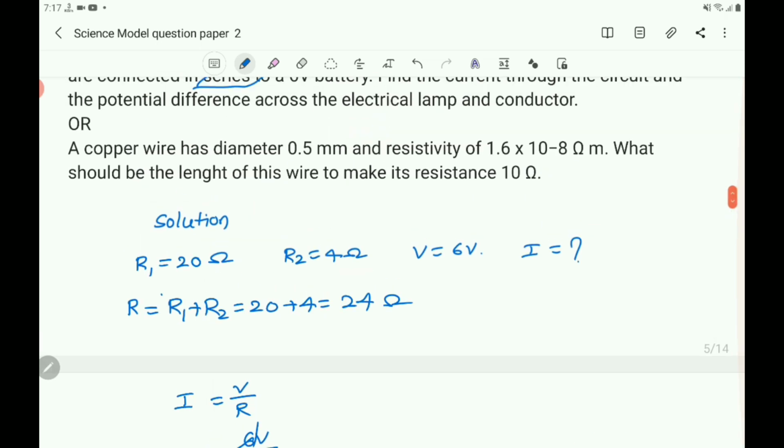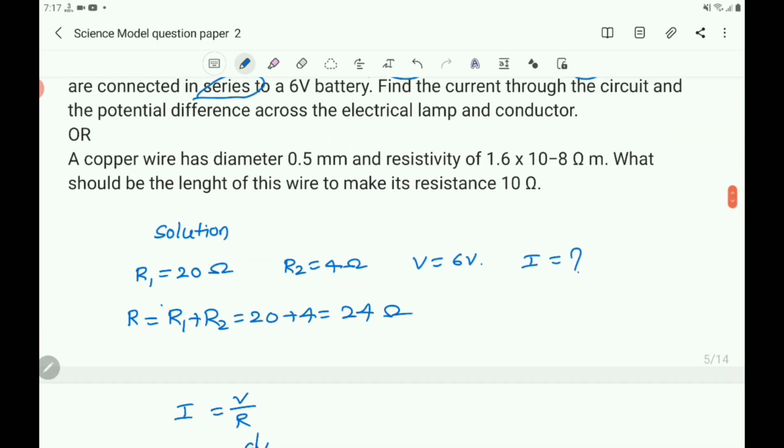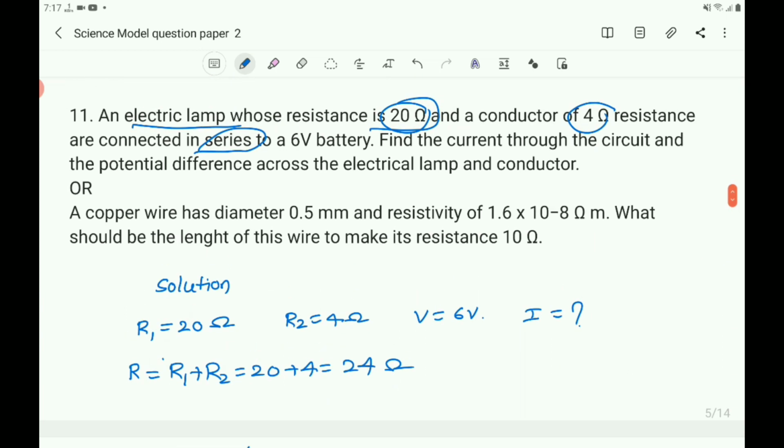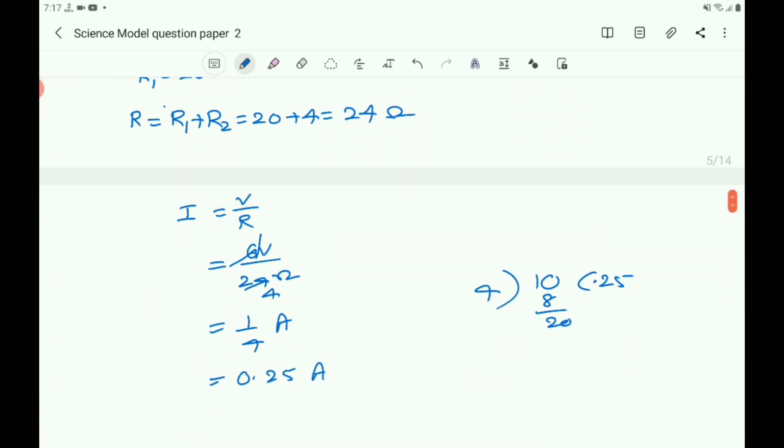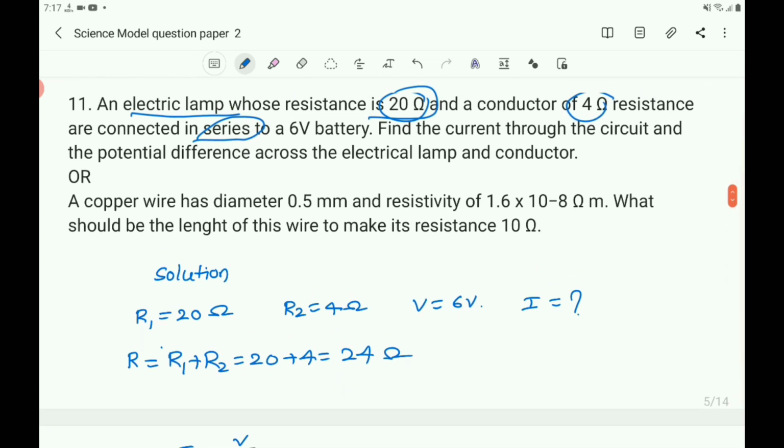So what is the electric current in the circuit? The current through the circuit is 0.25 amperes. And here, as there is series connection, the same current is flowing through both the electric lamp and conductor, and by using that relation we can find the potential difference across the electric lamp and also across the conductor.